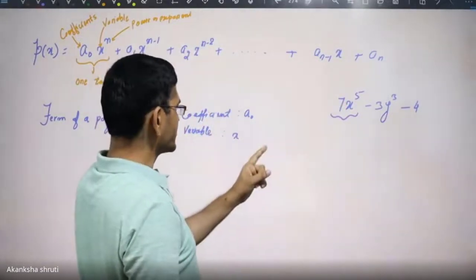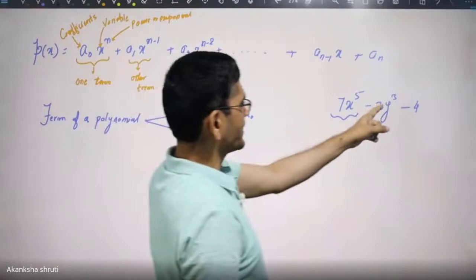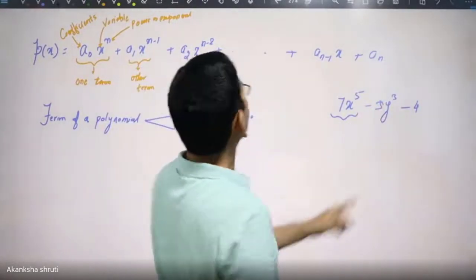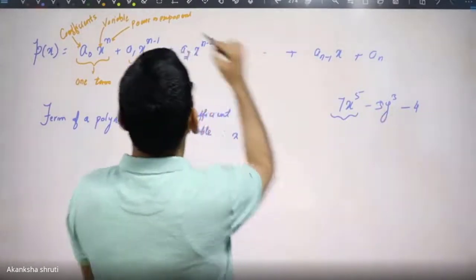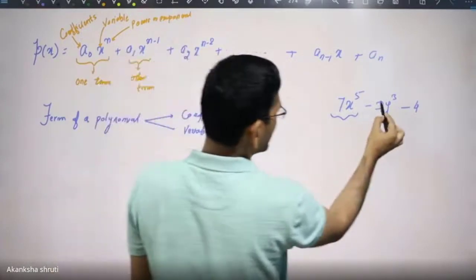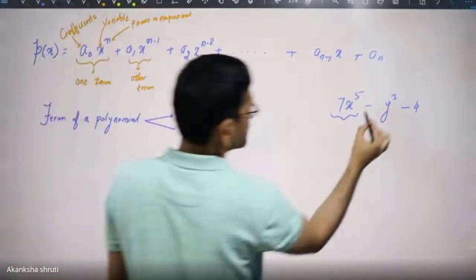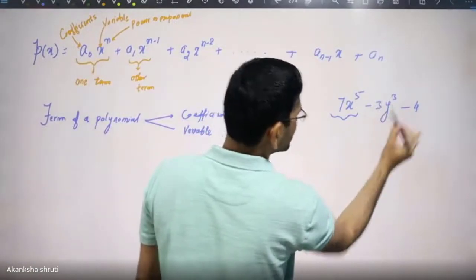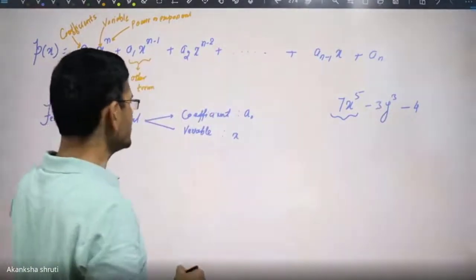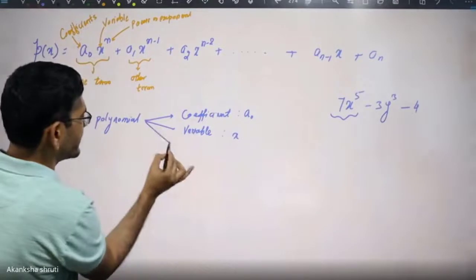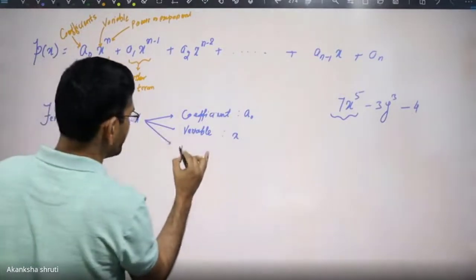If I consider the second term, then it will be minus 3 and the variable becomes y. So the variable need not always be the same. It depends on the expression, the variable may change.